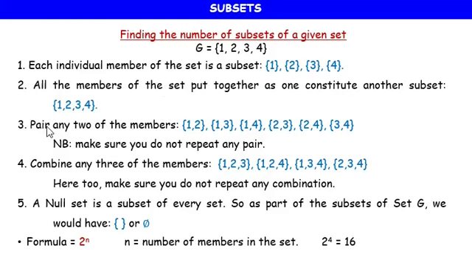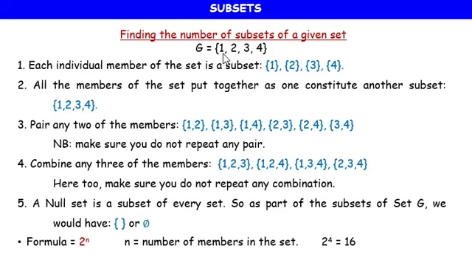Each individual member of the set is a subset. In listing the subsets of set G, the first thing we have to bear in mind is that each and every single member of set G constitutes a subset on its own.